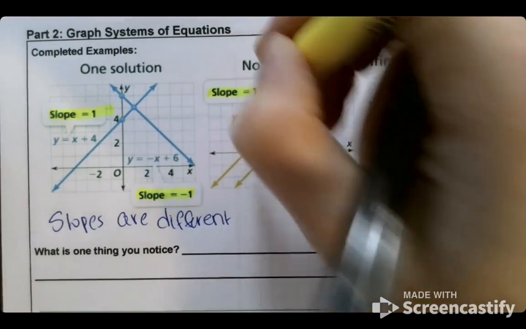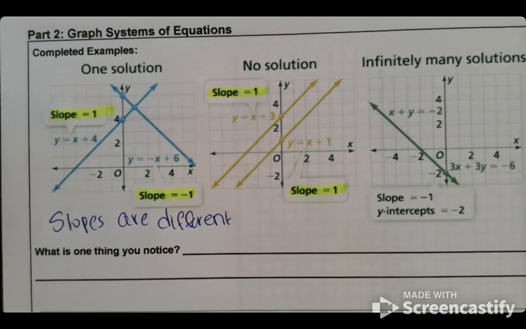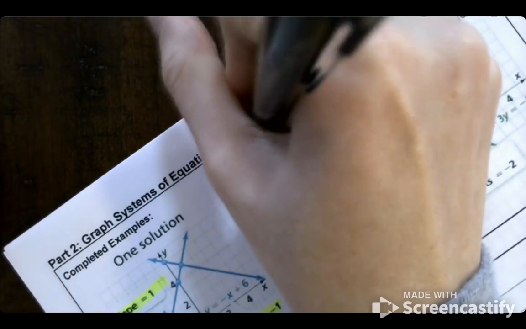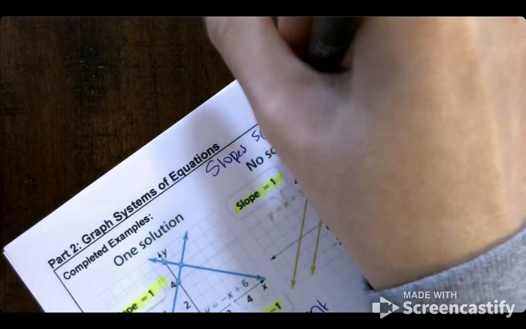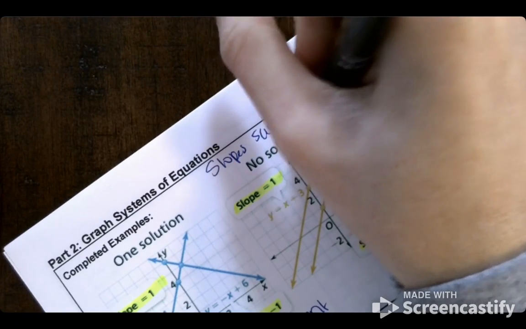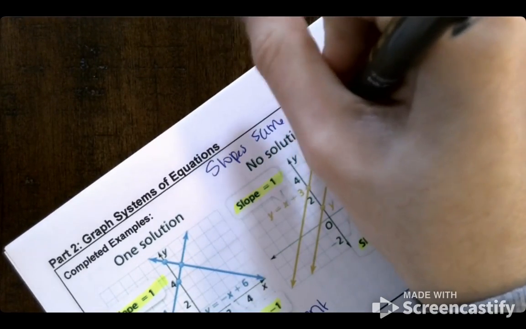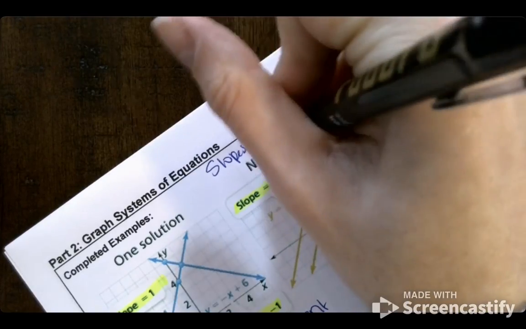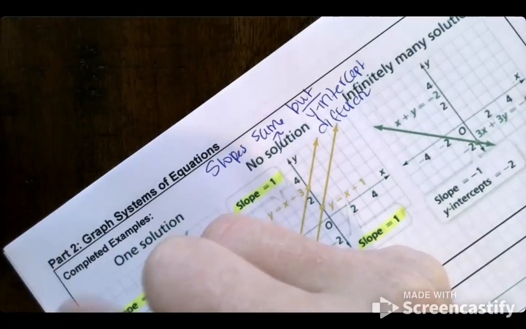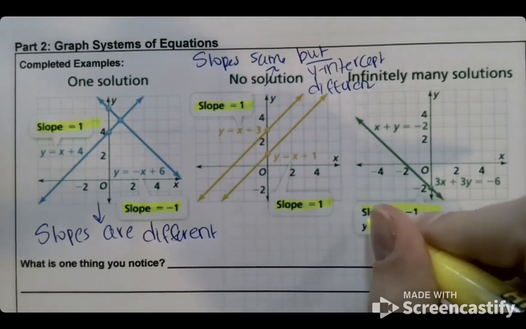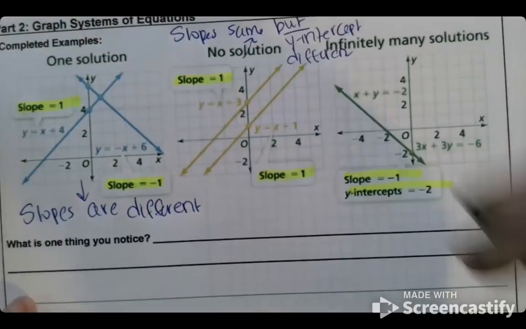Slopes are the same, but the y-intercept is different. And then what about infinitely many solutions? Y-intercept and slope are the same.